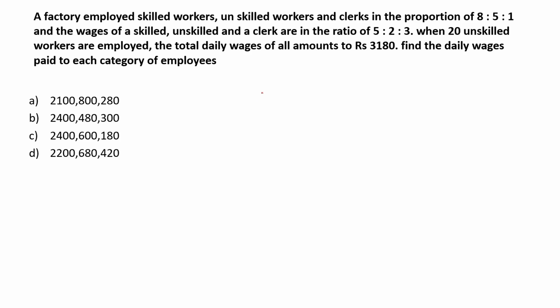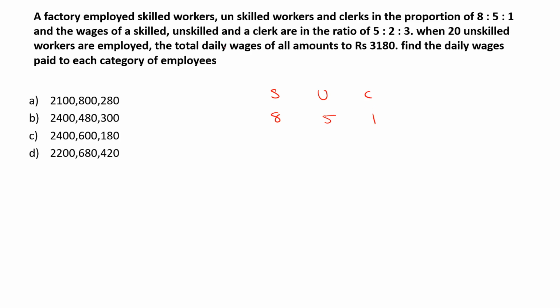Let us take the ratio of skilled workers, unskilled workers and the clerks as 8 is to 5 is to 1. That means we are assuming that the skilled workers are 8 members, unskilled workers are 5 members and clerks are one member.